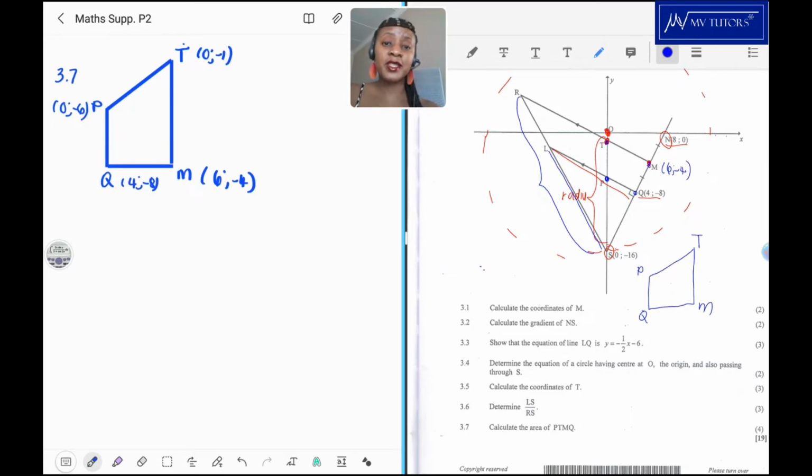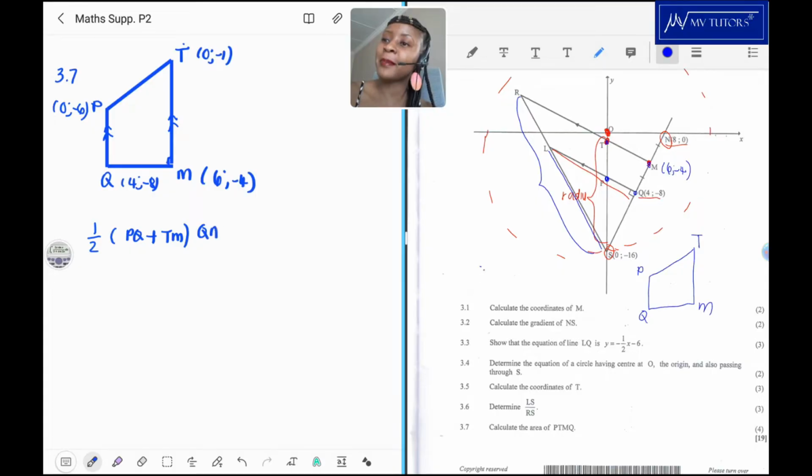So I'm going to just share with you the area of a trapezoid. Don't mind the mic, I'm just trying to eliminate external noise. But the area of a trapezoid will be half, and then we're going to take the two parallel sides, which is PQ plus TM. Then we're going to multiply it by the perpendicular bottom width, if I could say so.